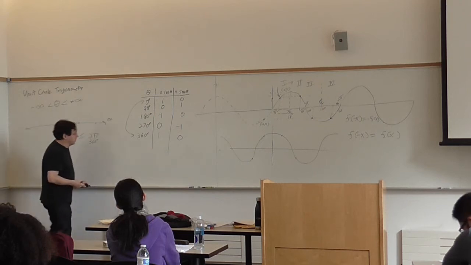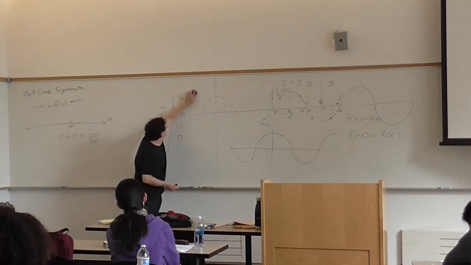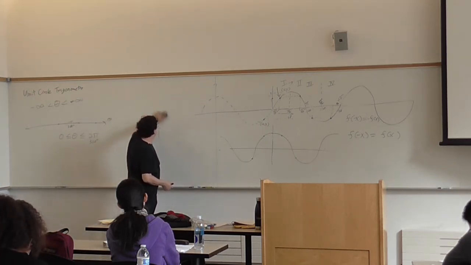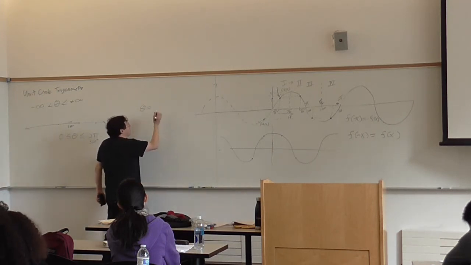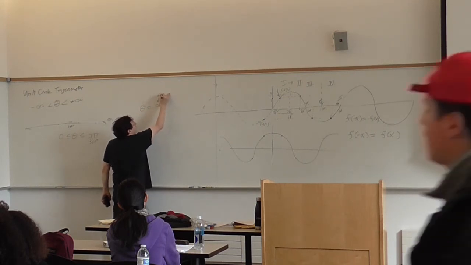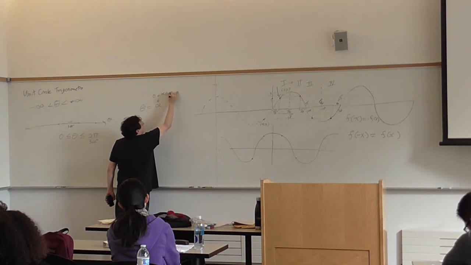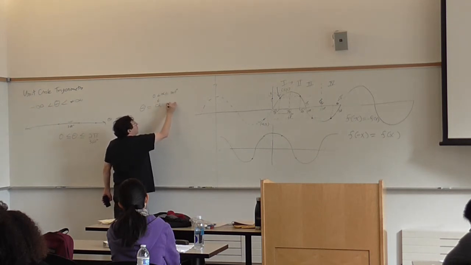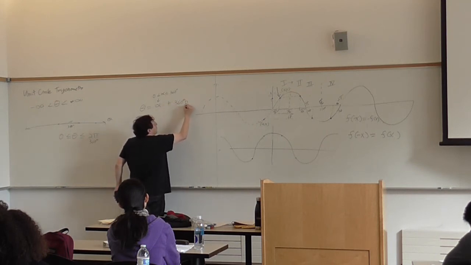That is, I have some theta, and that's equal to some alpha, which is between 0 and 360 degrees, by adding 360 degrees times some integer.